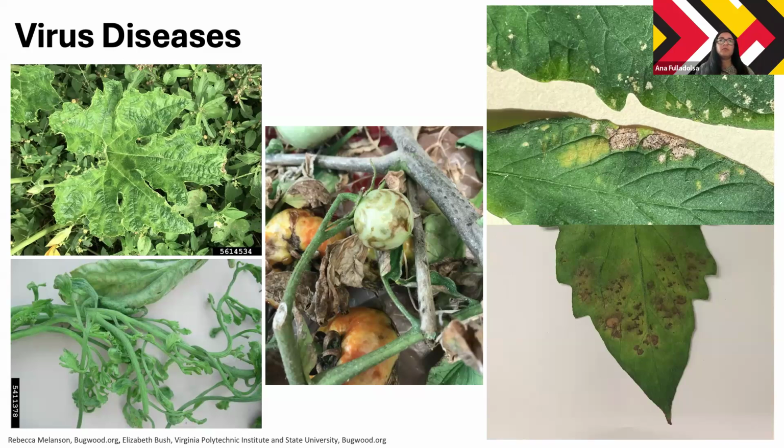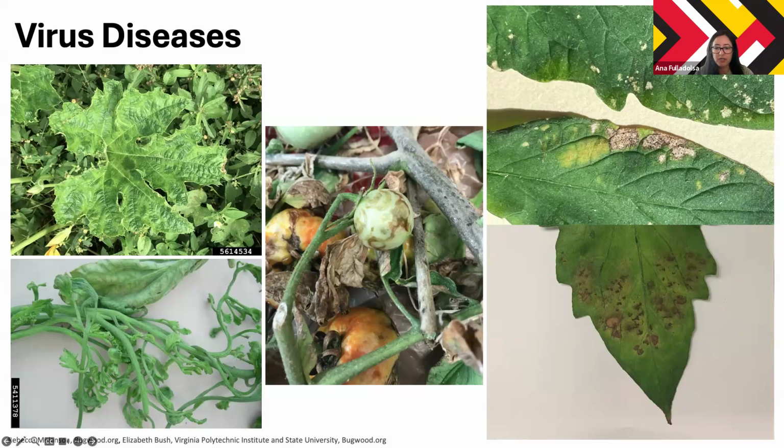Or if you have a field, let's say alfalfa or a grain field, like a wheat field, near you, and they've harvested, then if there are aphids or other insects there, they will come out of there and move into your crops. So it's important to make sure that you're scouting for pests and that you're using appropriate pest management strategies. Some of these others are thrips transmitted, and a few of them are mite transmitted. Some can be beetle transmitted too.